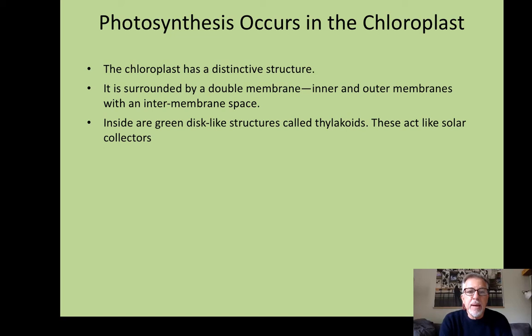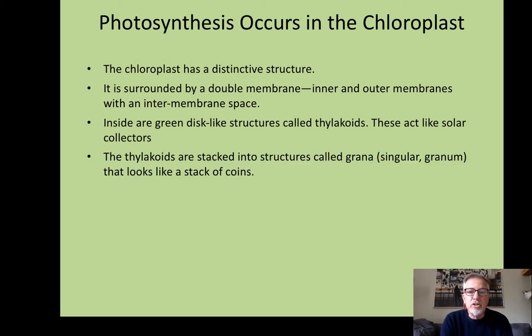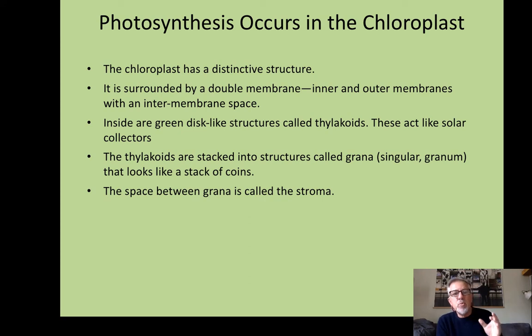Inside these double membranes are green disc-like structures called thylakoids, and these basically act like little solar collectors. The thylakoids are stacked into structures called grana, the singular is granum, that look like a stack of green coins, and the space between the grana and inside the inner membrane is called the stroma. It's filled with a gelatinous liquid.